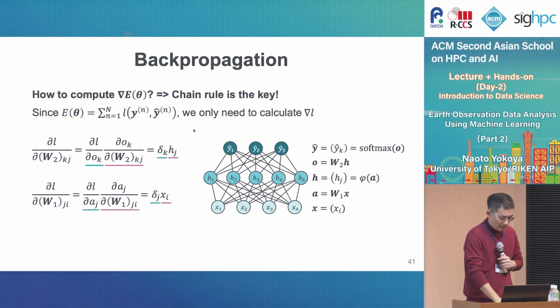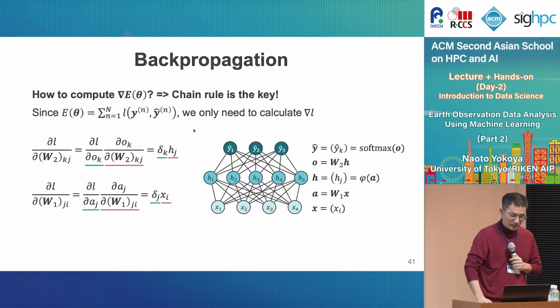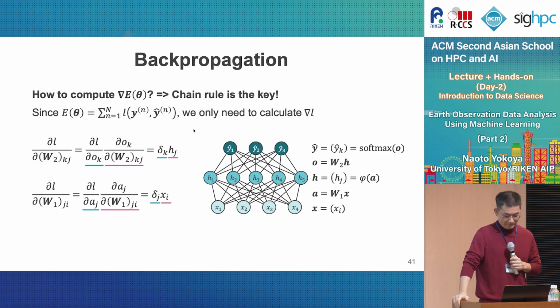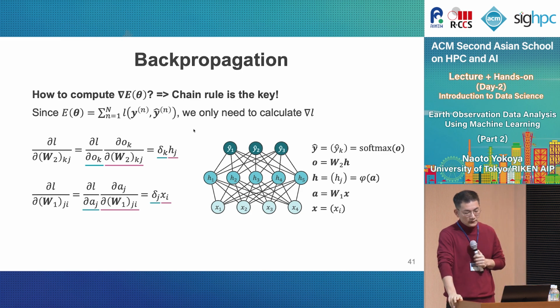And yeah, if we can get gradient descent, then the problem is solved, right? And then how we can get this, backpropagation is a really powerful technique to achieve it. The chain rule.